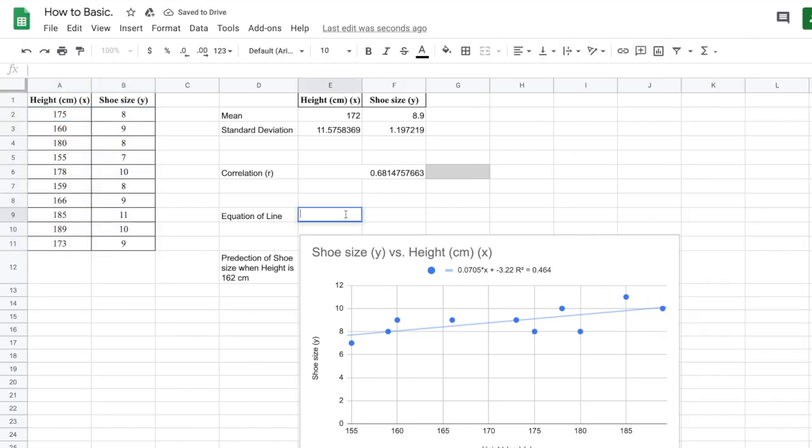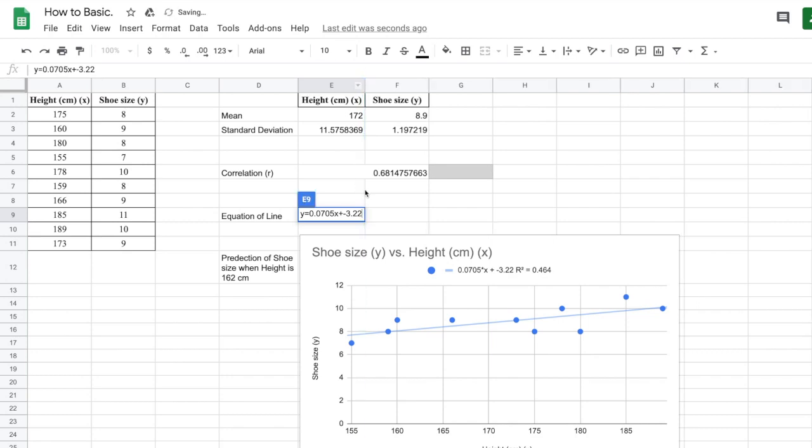So I'm just going to write Y equals 0.0705 X plus negative 3.22. And notice how they already put it in 3 sig figs for you. It's pretty cool. And then my R squared value, I'll just write that here, enter.